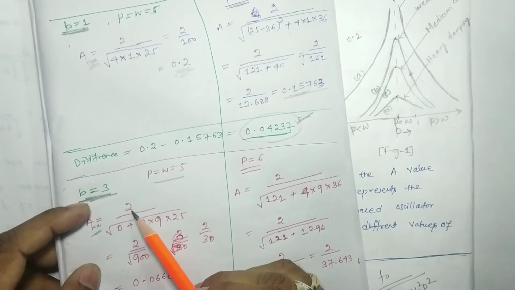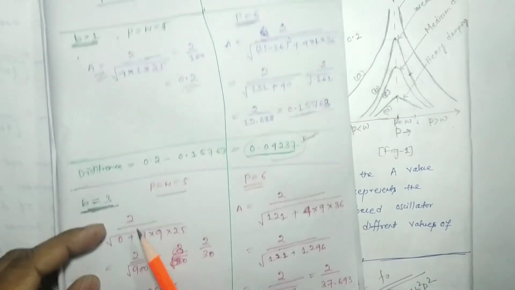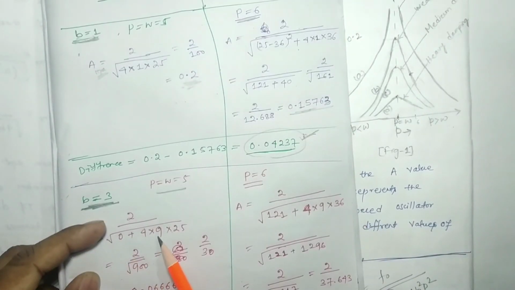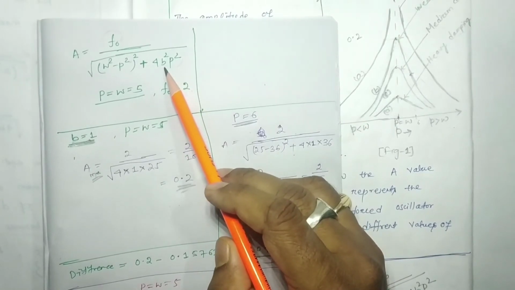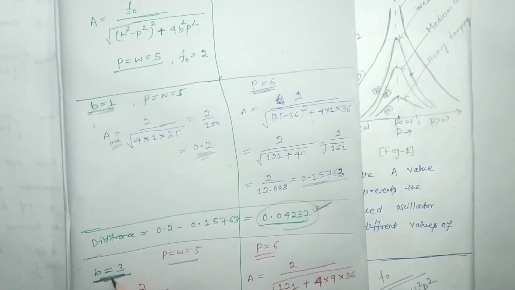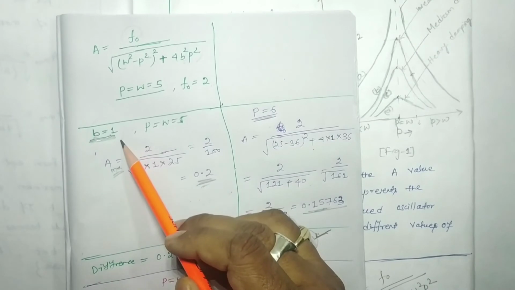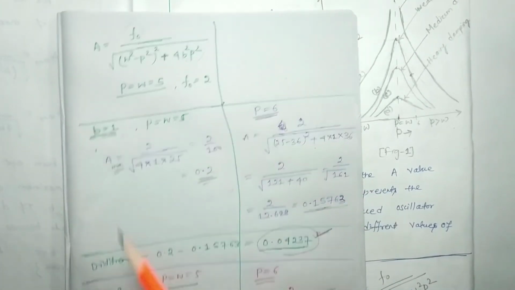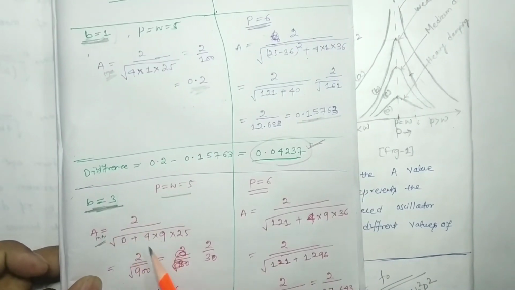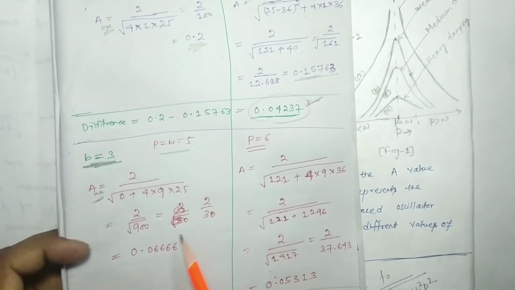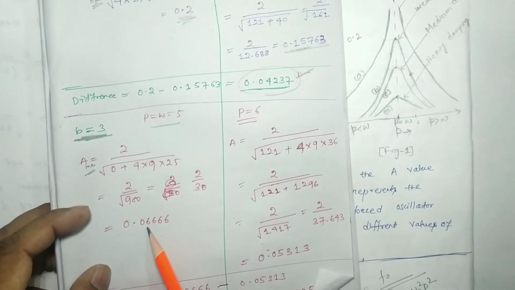So here F0 will be 2 divided by the root of 4 into B, considered as 3, greater than the previous one. Previously we considered B equal to 1, and this second case is B equal to 3. 3 means it will be 9 into 25. So by calculating we can get 0.0666.